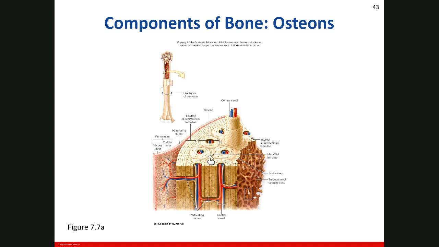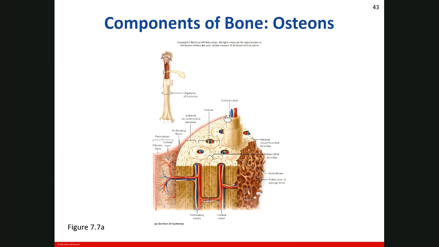The other parts which we have here are inner circumferential and outer circumferential lamellae, or internal and external circumferential lamellae. They are rings of bone immediately internal to the periosteum of the bone or immediately external to the endosteum.